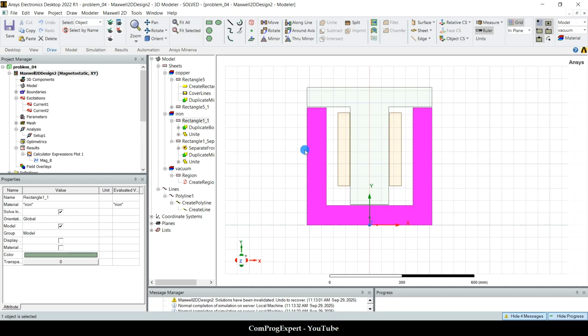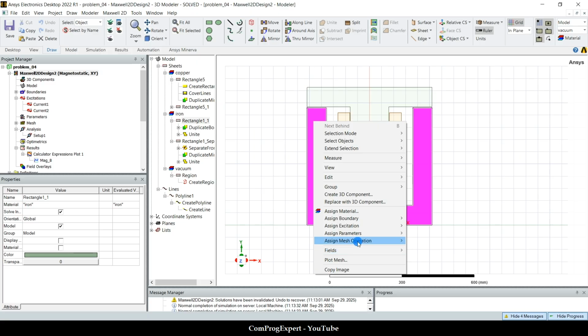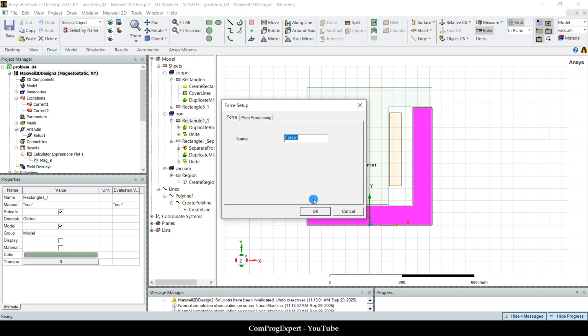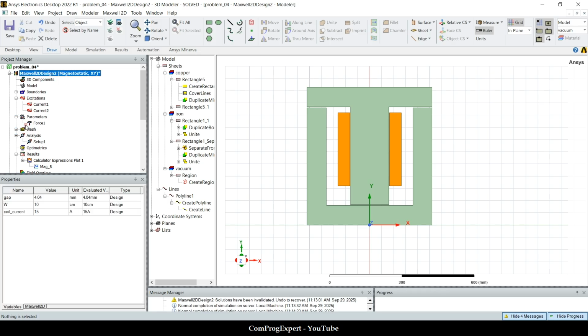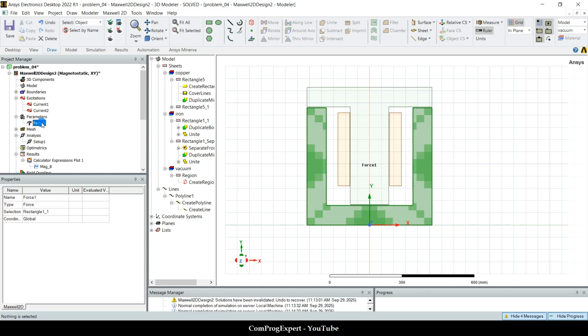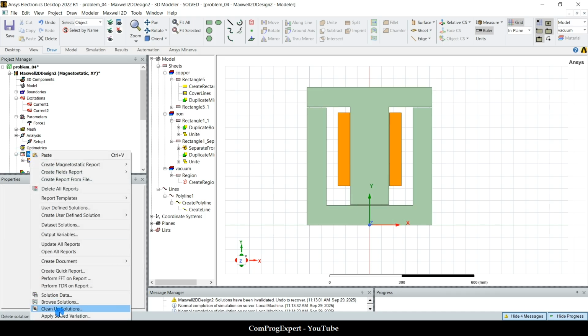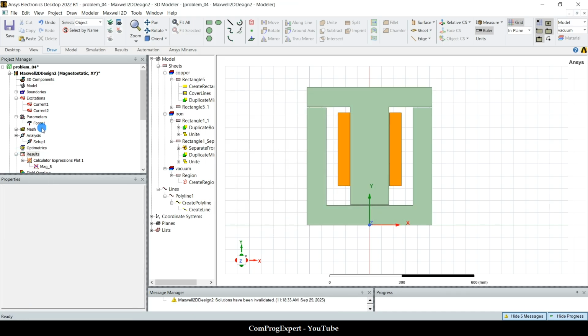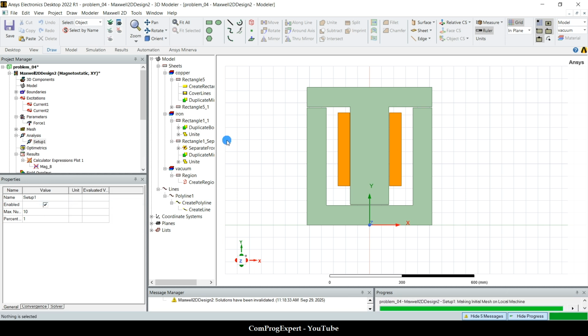So now let's calculate the force. In this case, assign parameters, force, to calculate the force on this object. Perfect. Software, yes, how does ANSYS Maxwell calculate force? Using the energy or co-energy method, or advanced methods like the Maxwell stress tensor. Okay, so let's clean up the solutions and analyze the structure again.